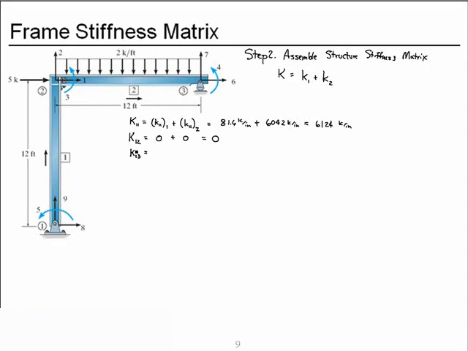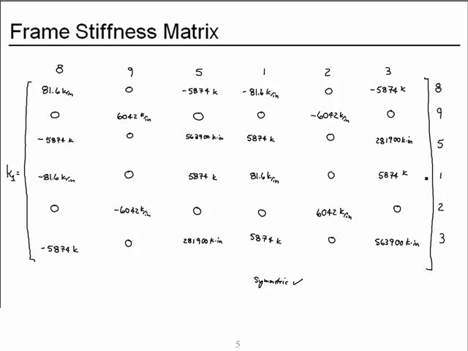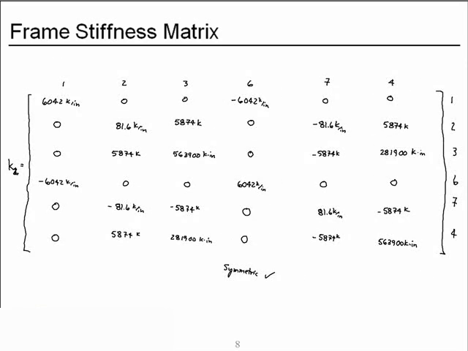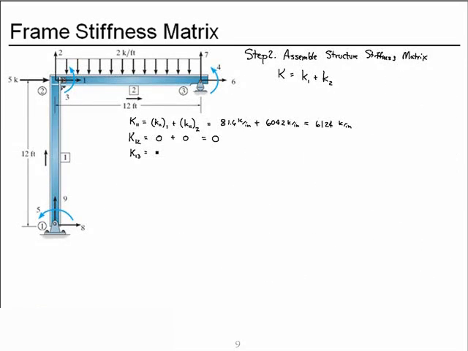Again, that means force at degree of freedom 1 due to deformation at degree of freedom 3. From member 1, row 1, column 3 gives us this coefficient. And from member 2, row 1, column 3 adds in 0. So we have 58.74 kips plus 0. So our stiffness coefficient is 58.74 kips.